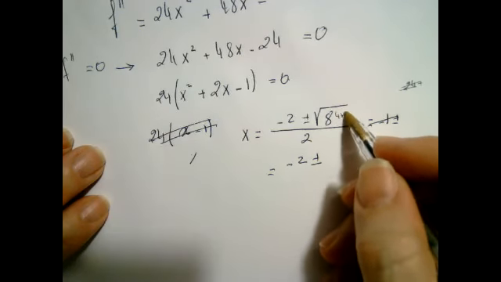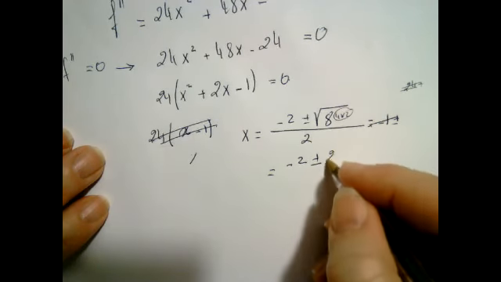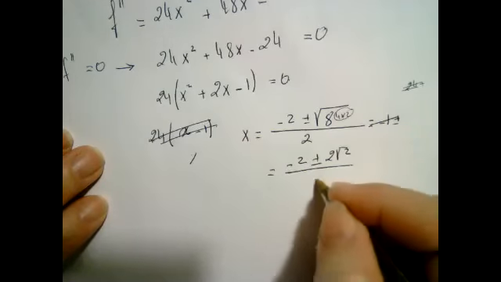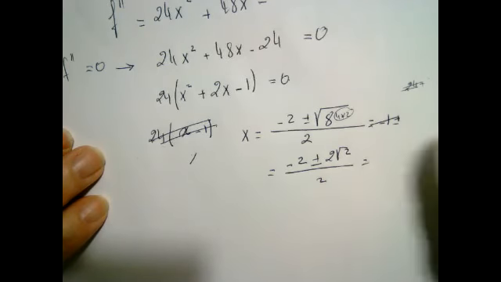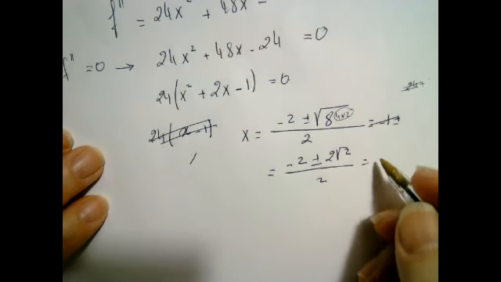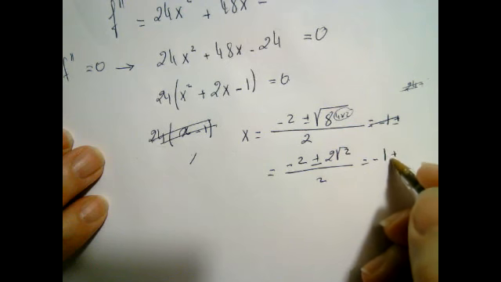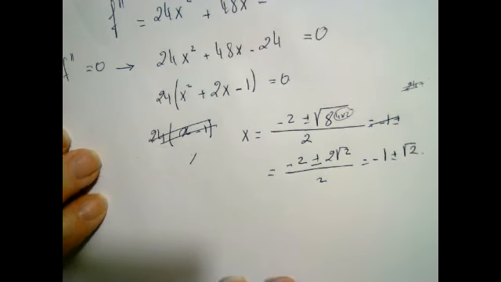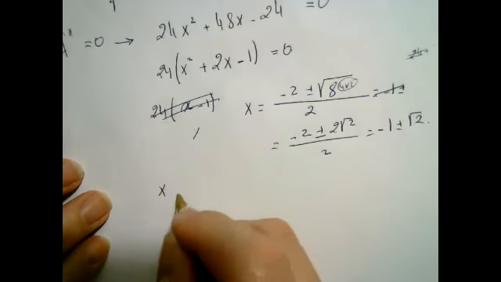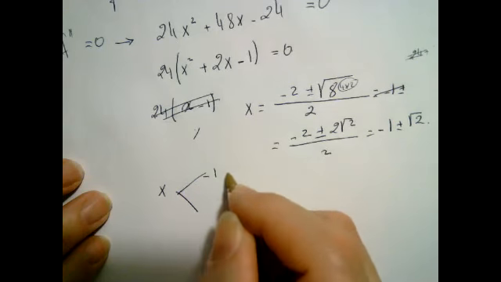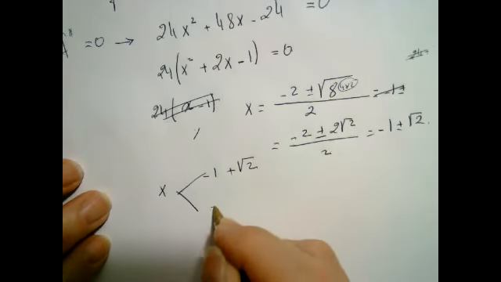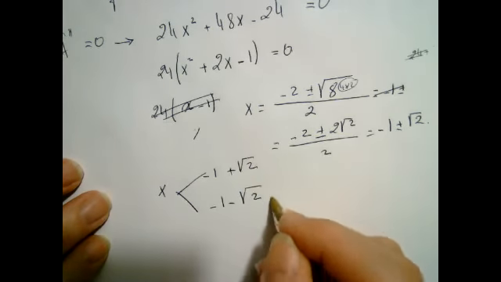That's 4 times 2. So that's going to give me 2 square root of 2 over 2. So we basically divide by 2 across. I will get minus 1 plus or minus the square root of 2. So we have 2 solutions, minus 1 plus root 2 and minus 1 minus root 2.